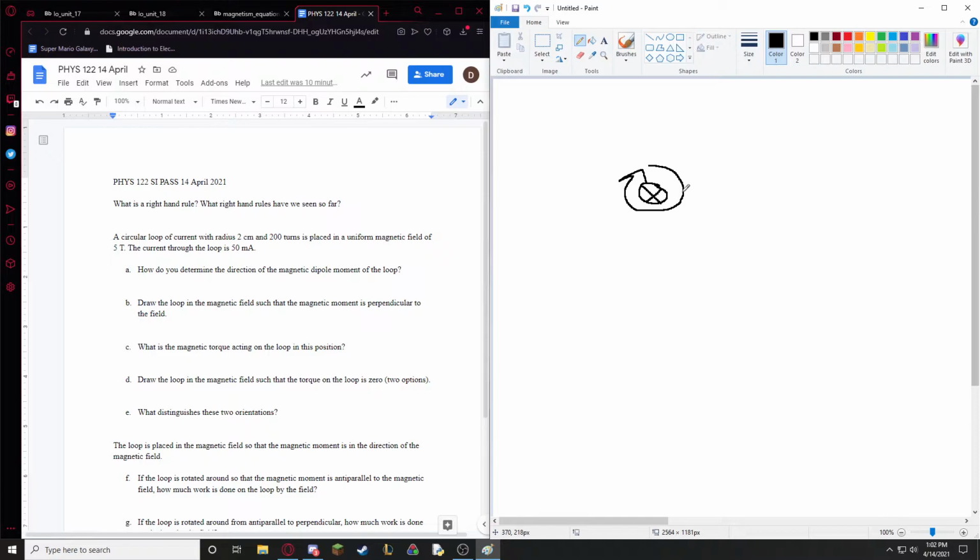And what's another right-hand rule you've seen so far? Let's see. Since you didn't have it last week, then we would have talked about L and the current and the magnetic field. So that would be IL cross B. IL cross B. So we have the wire in a magnetic field.